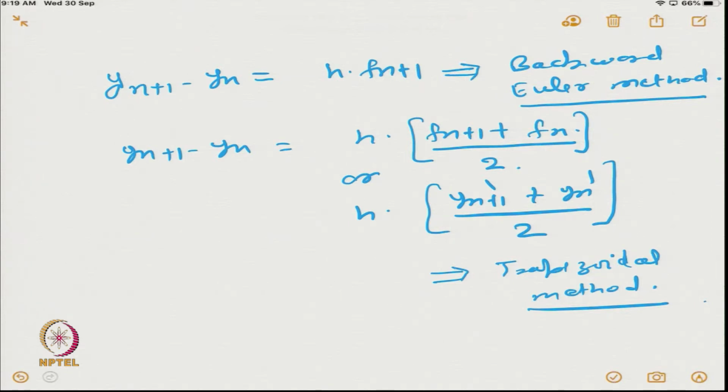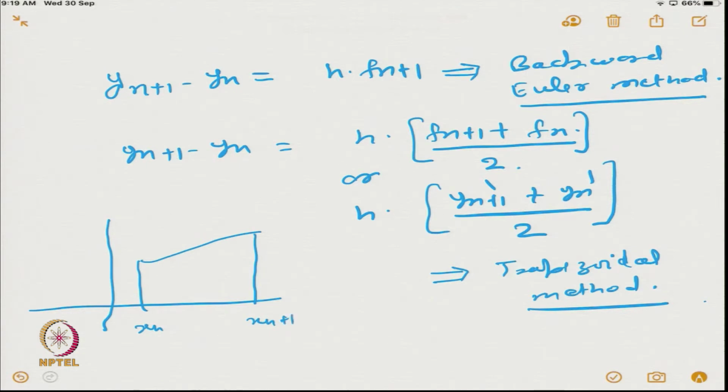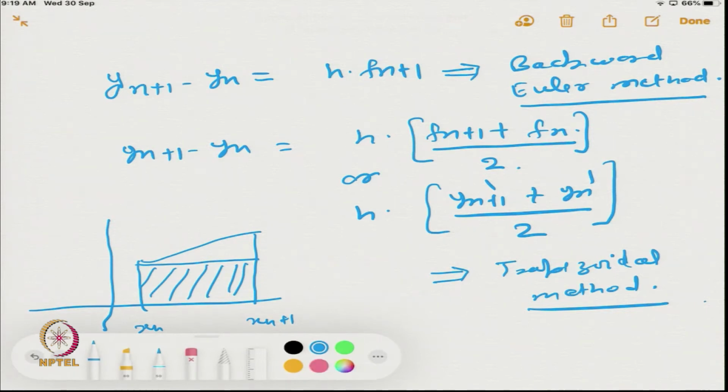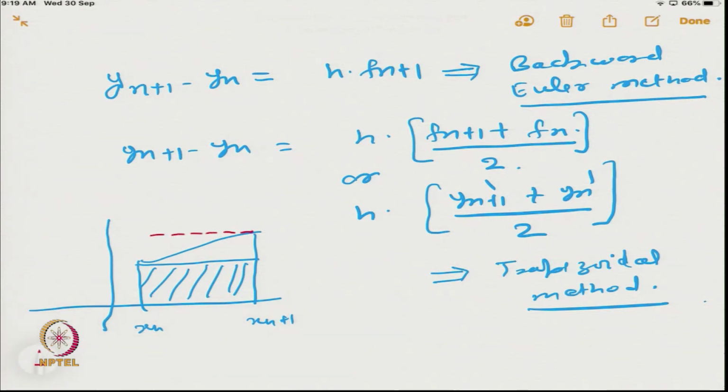So, if this is a function we are integrating from xn to xn plus 1, sometimes we are approximating the area under this curve with the help of this rectangle, and sometimes we are approximating it with the area of this rectangle. So, we are overshooting the real area.